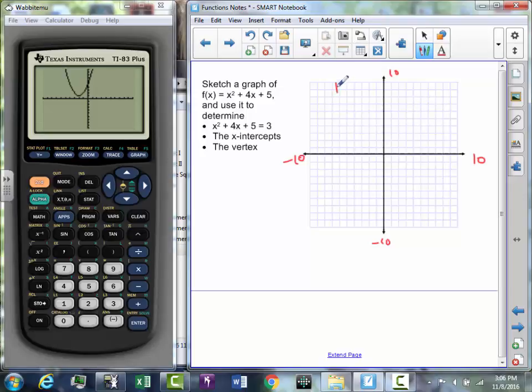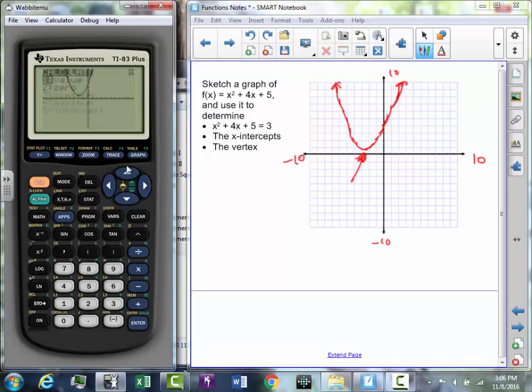It looks like it's somewhere in this vicinity over here. Let's say we want to find this vertex right here. Most of you can probably figure this out on your own, but here's how it would look. Go second, calculate. Is it going to be the lowest or highest point? It's the lowest point, so you use the minimum.